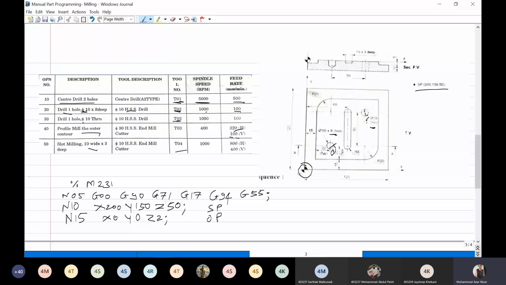It is of A2 type, a standard central drill, so it doesn't require that. After this you have to specify the tool number, T01 M06 tool change T01, and the spindle speed they have given you is 5000.